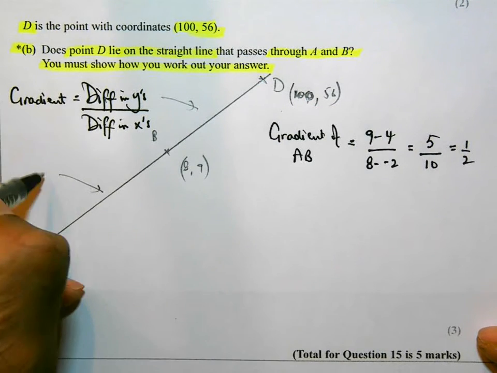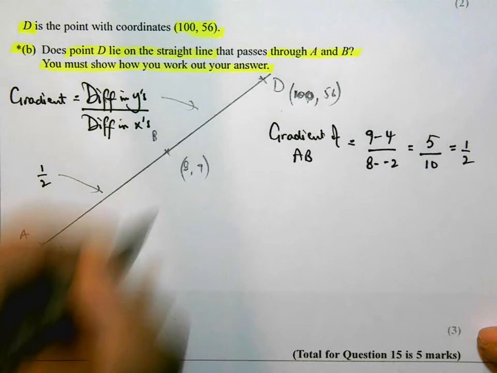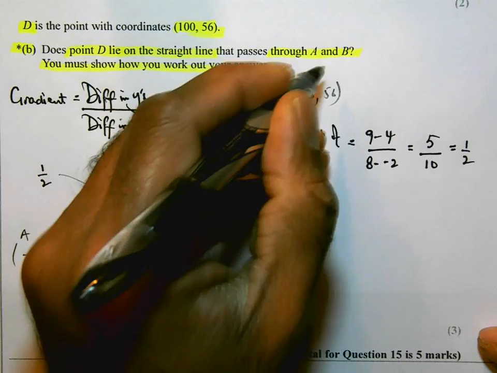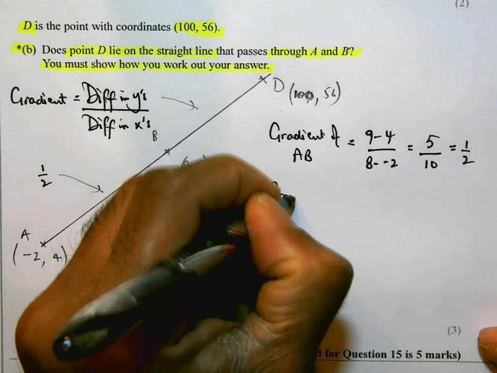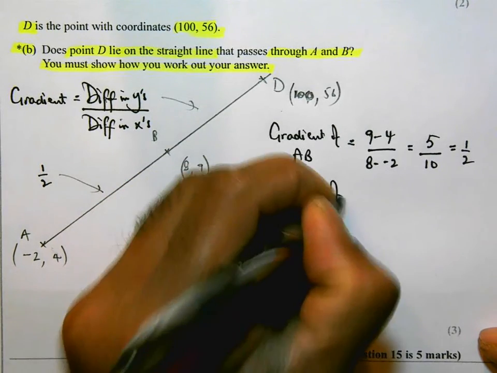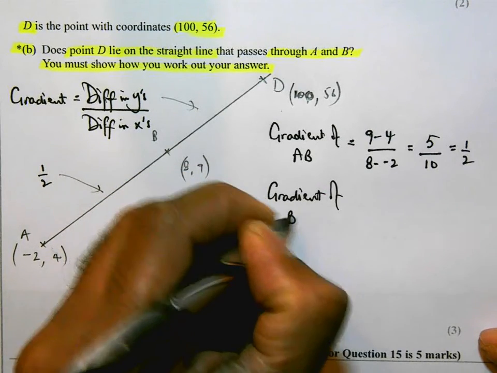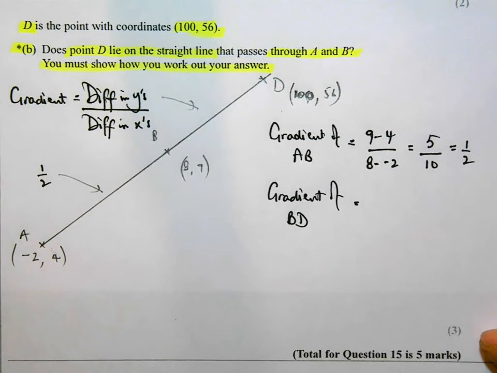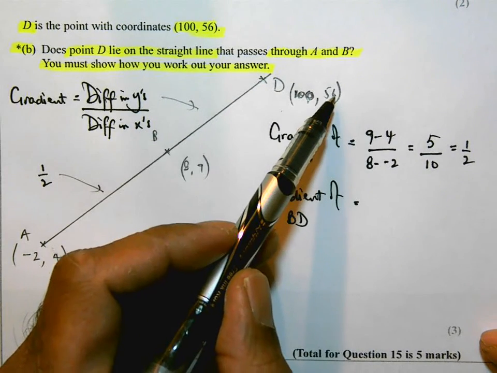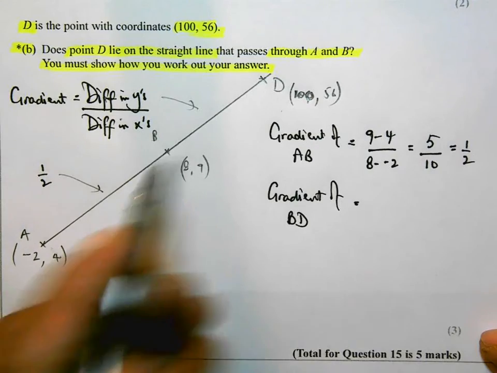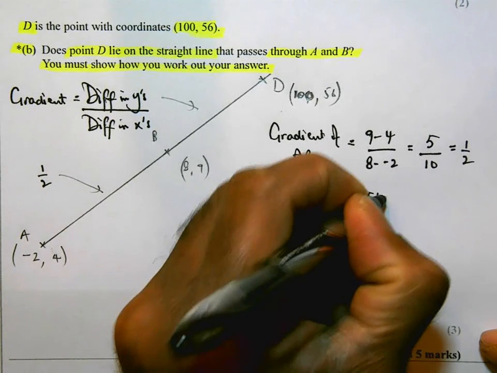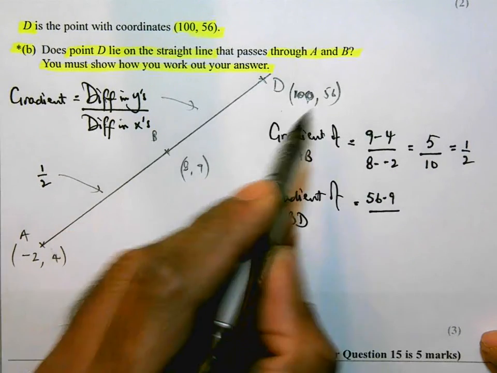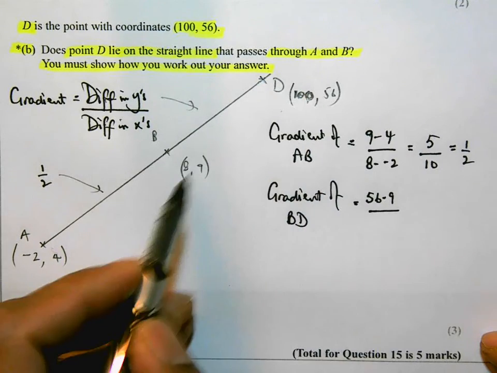I now need to work out the gradient of BD. Let's do the same again. The difference in y's, 56 take away 9. The difference in x's, 100 take away 8.